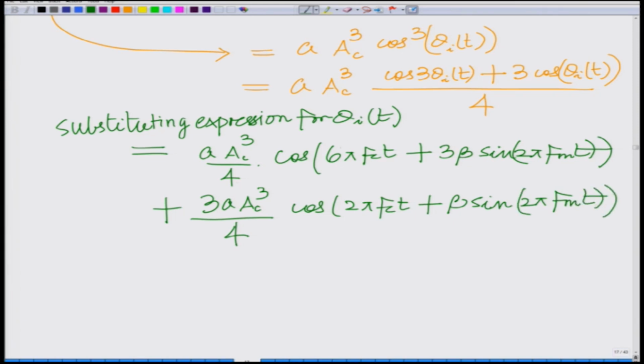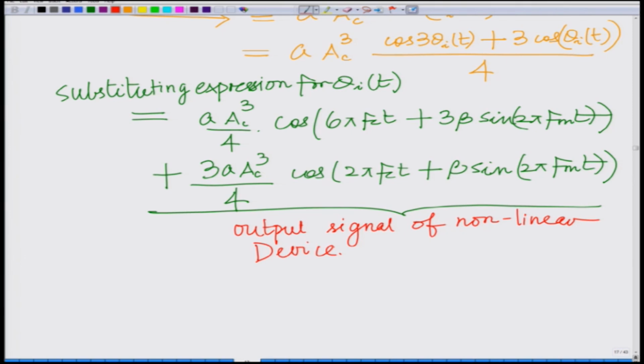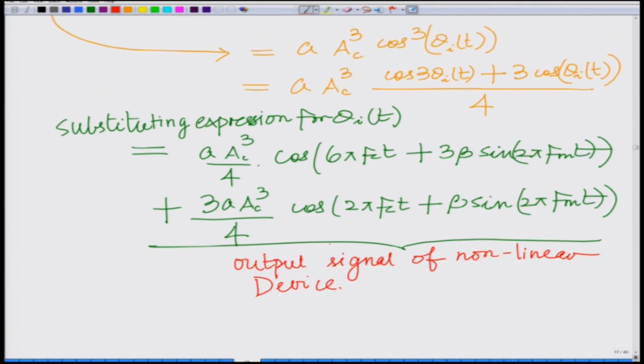So, this is the expression for the output signal of the non-linear device.